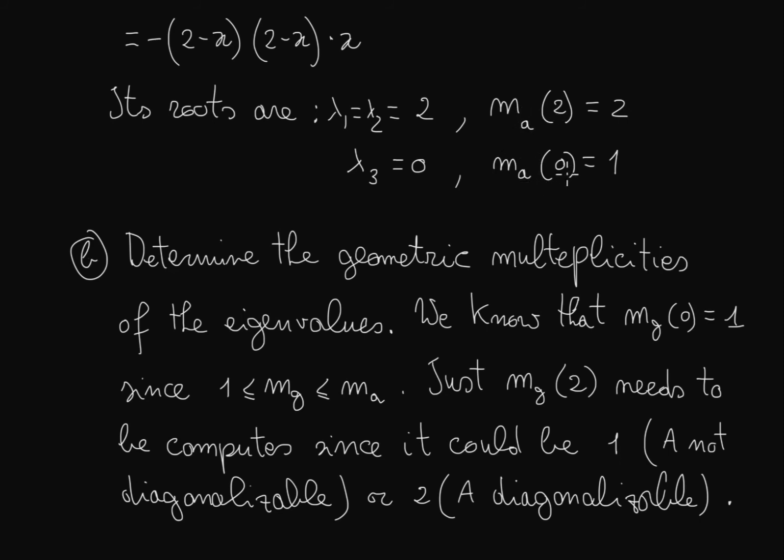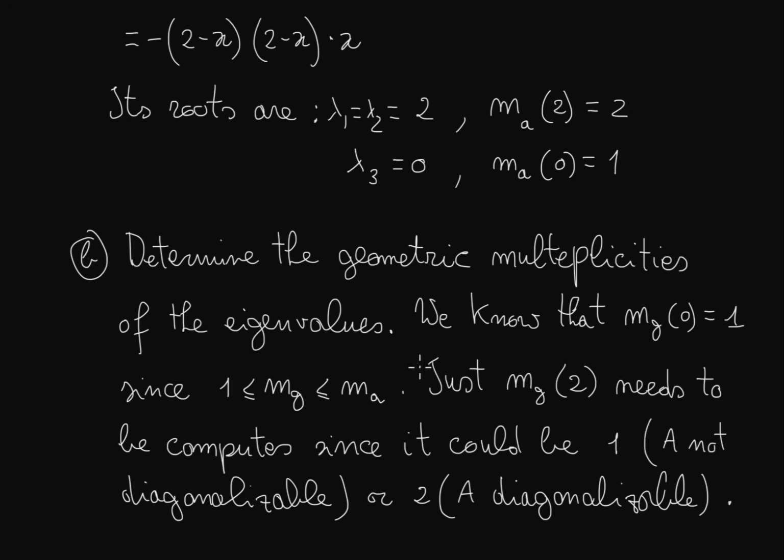Here we have the eigenvalue 0, and as I noticed before, if the algebraic multiplicity of an eigenvalue is 1, we don't have to check whether the geometrical multiplicity is 1, because this is automatically verified. The geometrical multiplicity is always less or equal than the algebraic multiplicity, but it is always greater or equal than 1. Therefore, if MA is 1, necessarily MG must be 1.